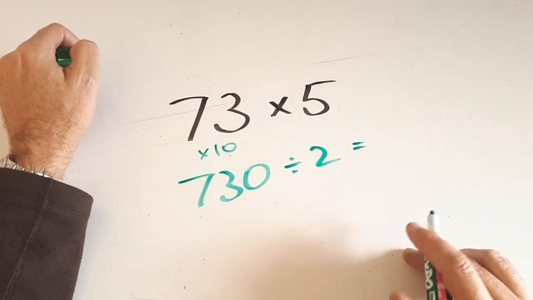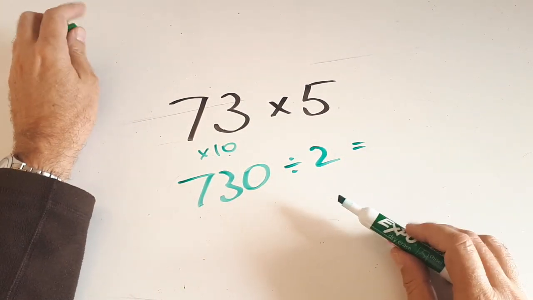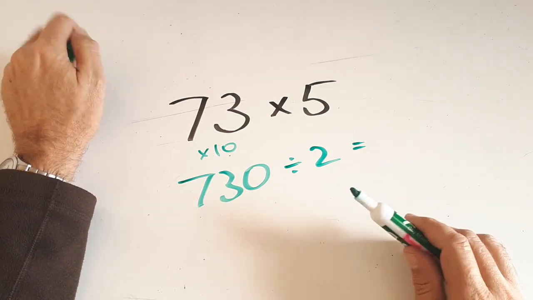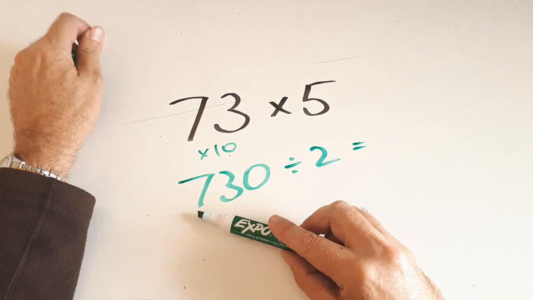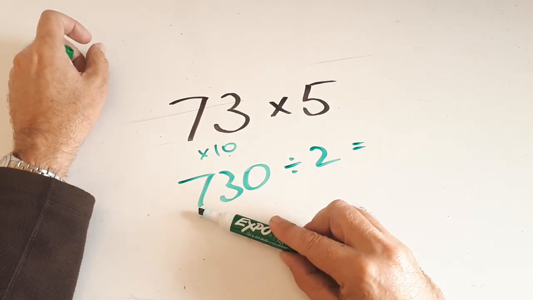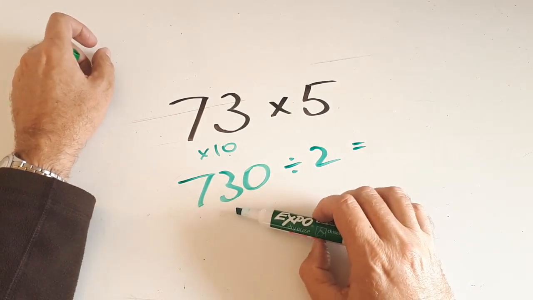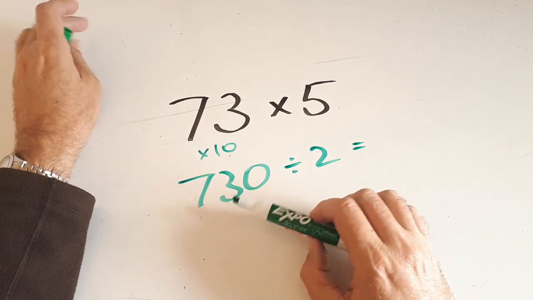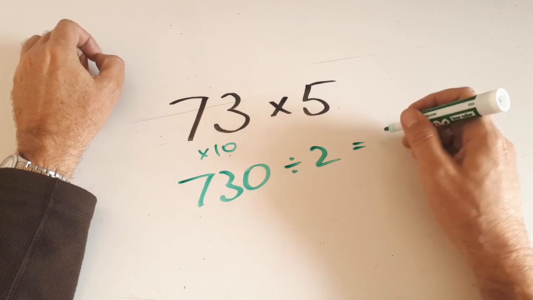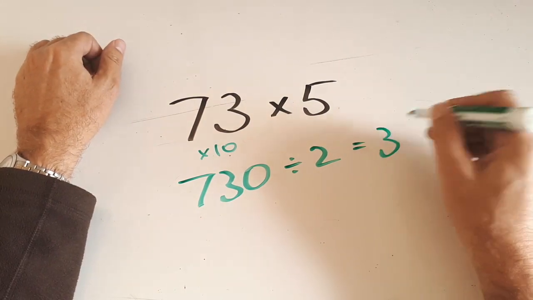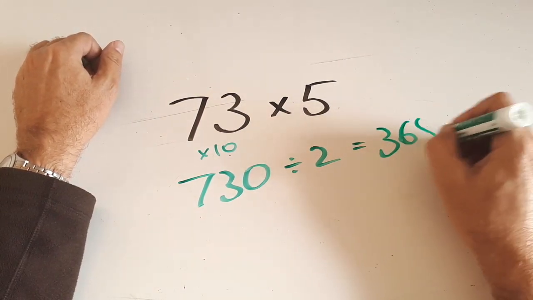Now you might find that's easier. It'll still give you the right answer. You might have to do 2 steps in your head. Now you might know that half of 700 is 350. You know that half of 30 is 15. So if you add 350 and 15, you would get 365.